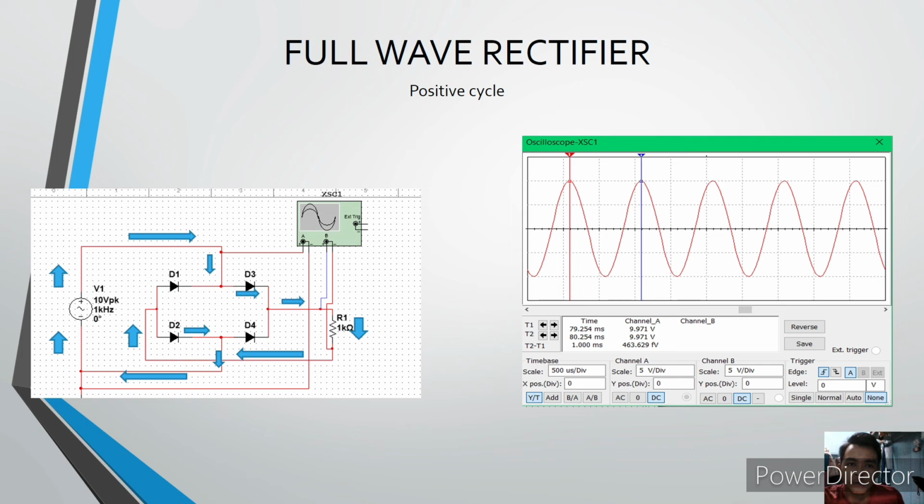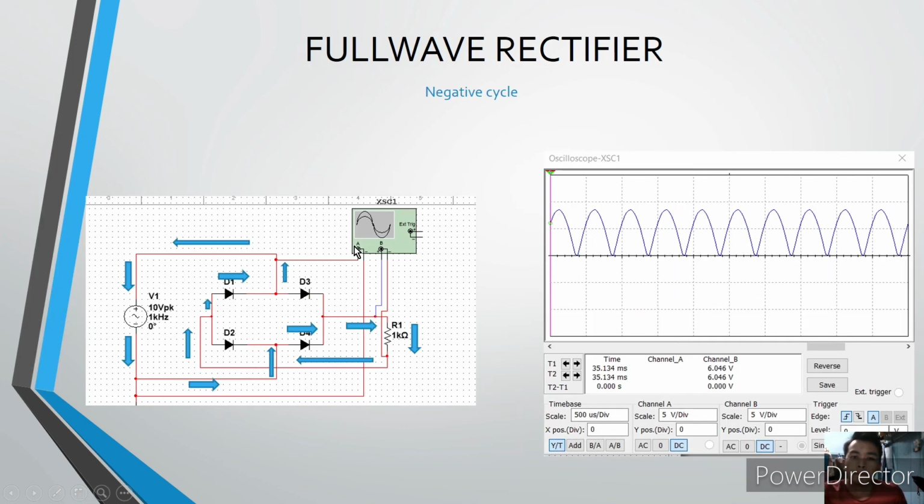During the first half cycle or positive cycle of the input voltage, the diodes D3 and D2 are forward biased, and the current enters the load resistor and returns back to the negative power supply. During this half, the diodes D1 and D4 are reverse biased and the current is not allowed to flow.